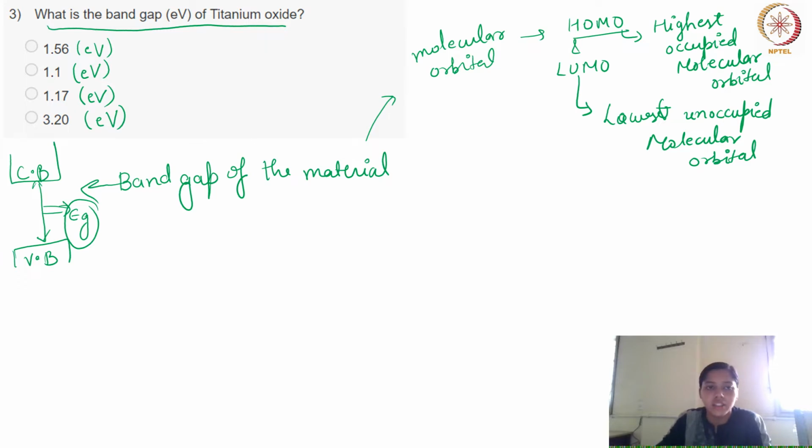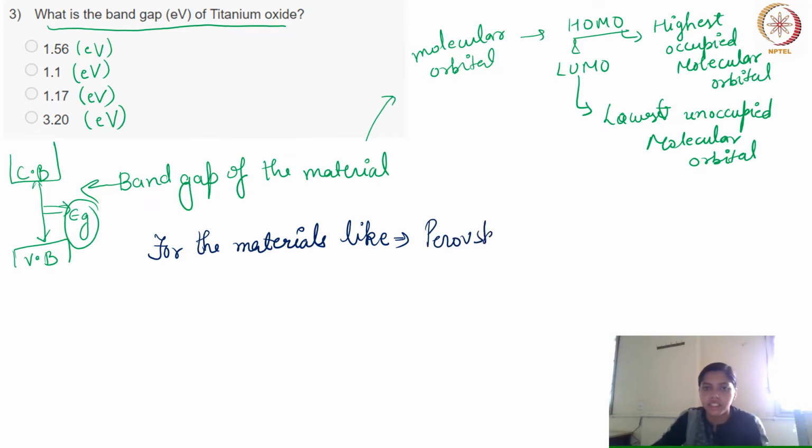For materials like perovskite, the band gap is approximately equal to 1.56 electron volt.